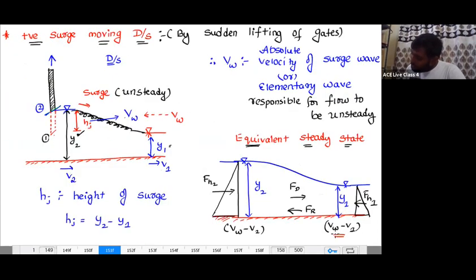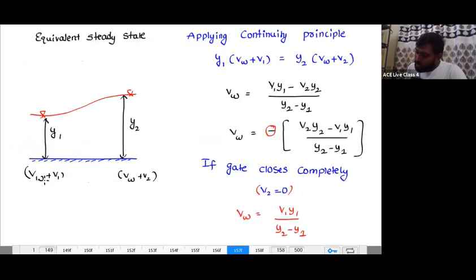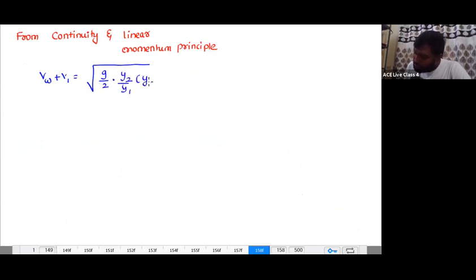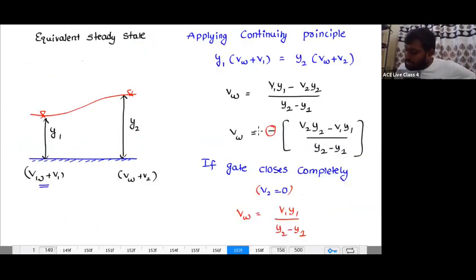Because this is going to be VW minus V1, yes or no? So similarly, now what I got is VW plus V1, right? So if you substitute, VW plus V1 is equal to root of (G by 2 into Y2 by Y1 into (Y1 plus Y2)). The same equation. See, the equations are going to be the same. Only the change is going to be the sign.